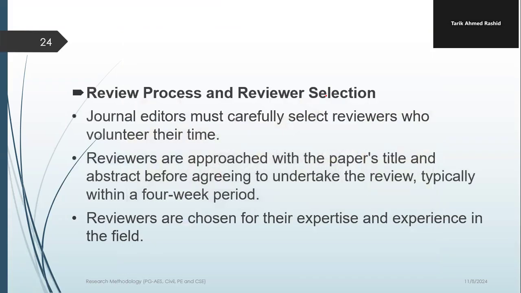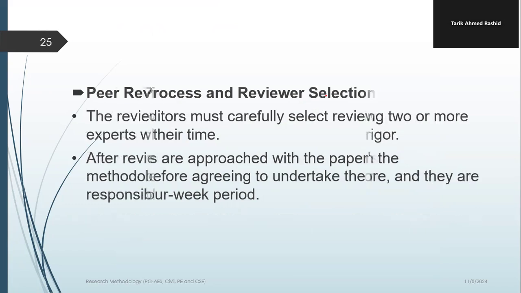Now, review process and reviewer selection: the editor will select reviewers thoughtfully and carefully, because reviewers are volunteers. They will be selected based on the specificity of the subject related to your area.